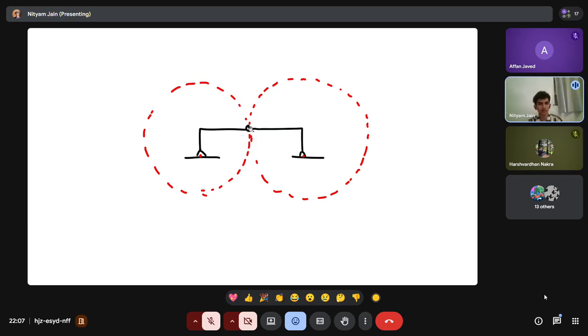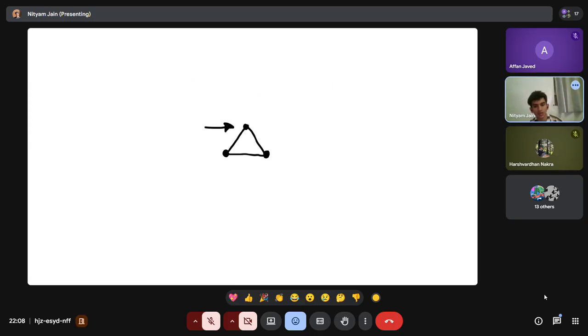So this point can only exist here, thus the left or the right member cannot rotate in any way. So even though there are pin joints, this is how one can visualize that no movement is allowed. And this is seen in the first bridge that I showed, Saljina Tobel bridge.